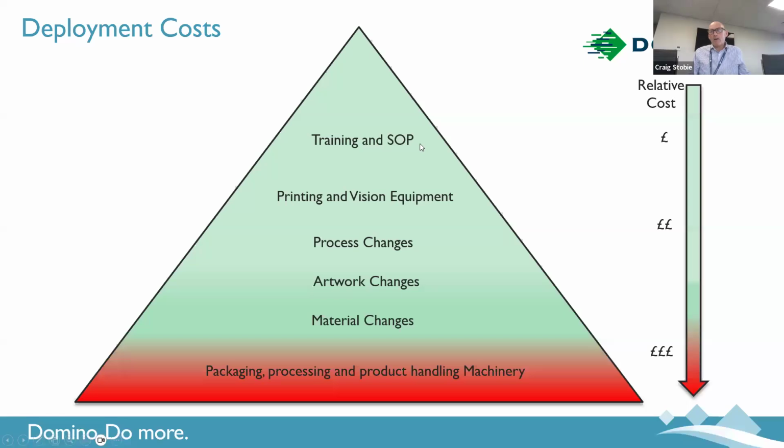One question that I always get asked is, how much is it going to cost per product or per line or per site or per organization? Without trying to give a political answer or avoid the question, it really does depend. There's a number of different factors. What I've tried to do here is benchmark it against relative cost, thinking about different aspects and what the relative cost of those will be.